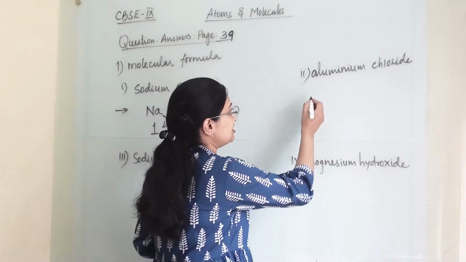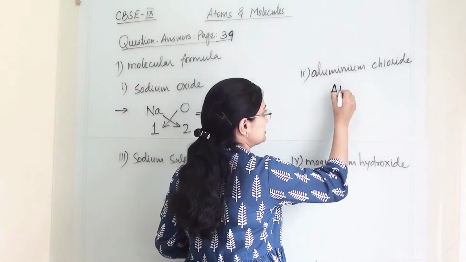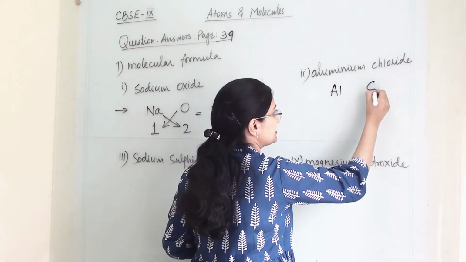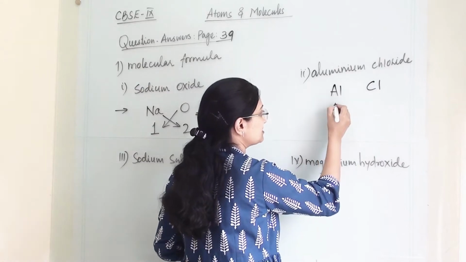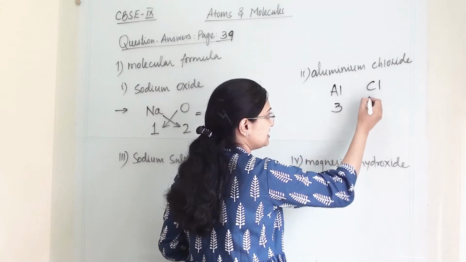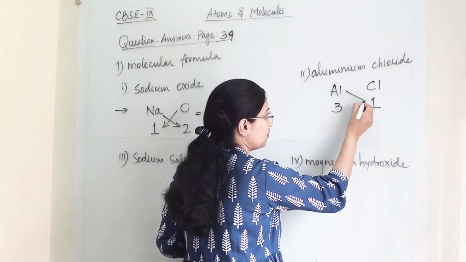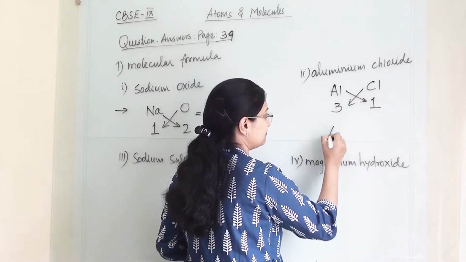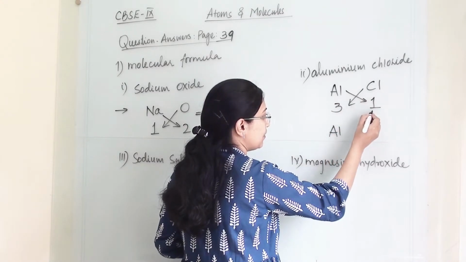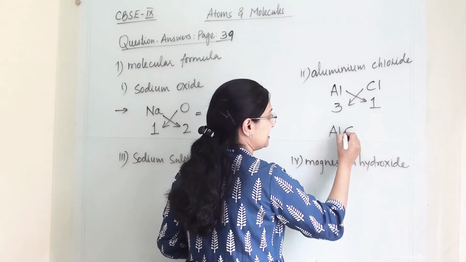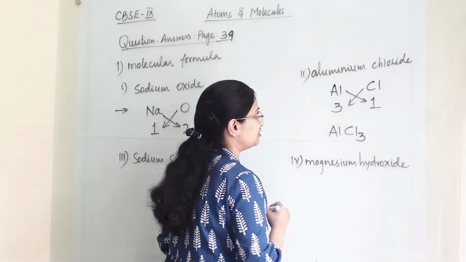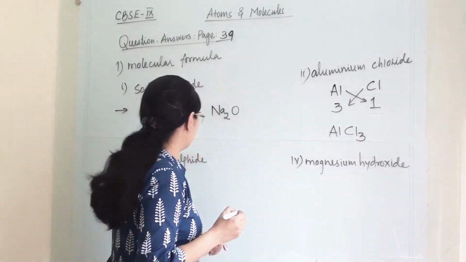Second, aluminium chloride. Aluminium is Al and chloride is Cl. Aluminium's combining capacity or valency is 3, whereas for Cl it is 1. So by the crisscross method we will get Al1, but we will not write that 1. So it is AlCl3, aluminium chloride.